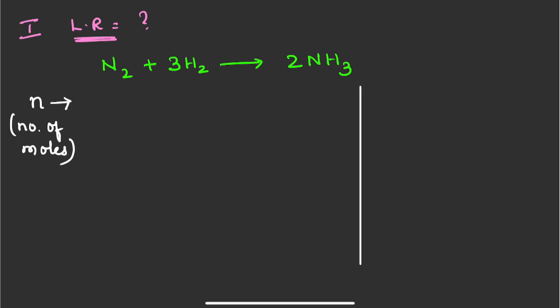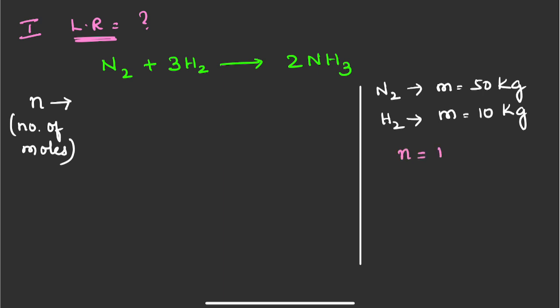For nitrogen, the mass is given as 50 kg, and for hydrogen, the mass is given as 10 kg. We should convert this into the number of moles. How to convert it? We are going to use the formula: number of moles is equal to mass divided by molar mass. This is the formula.